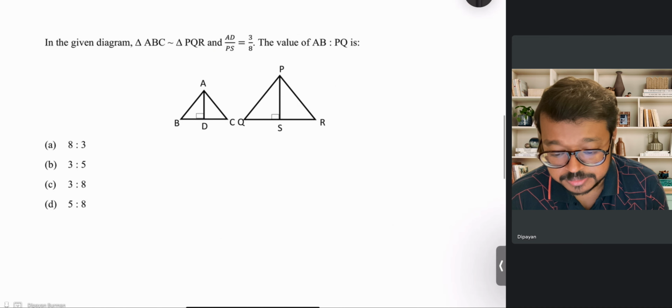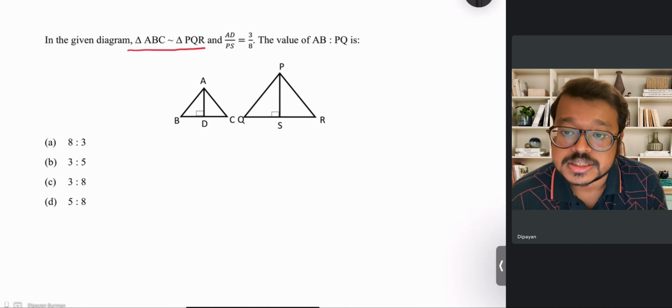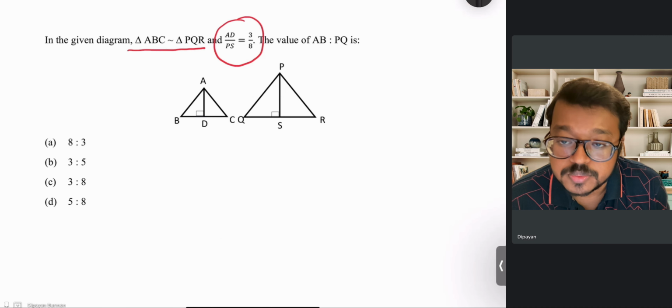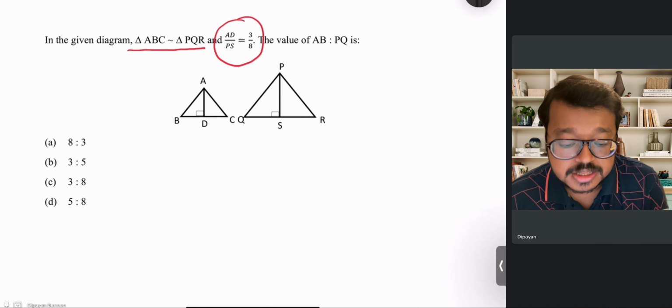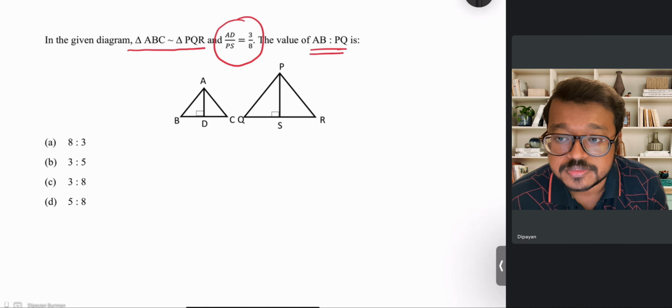Then the next MCQ. In the given diagram, triangle ABC is similar to triangle PQR. This is given, and AD by PS is equal to 3 by 8, then the value of AB is to PQ is which of the following?